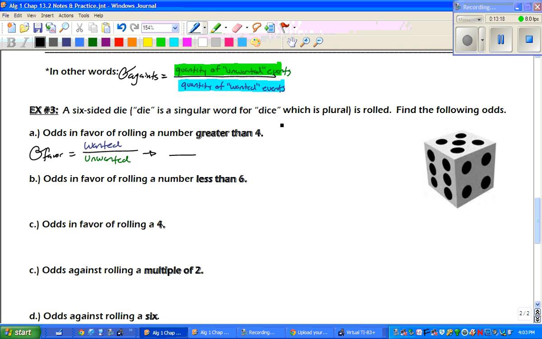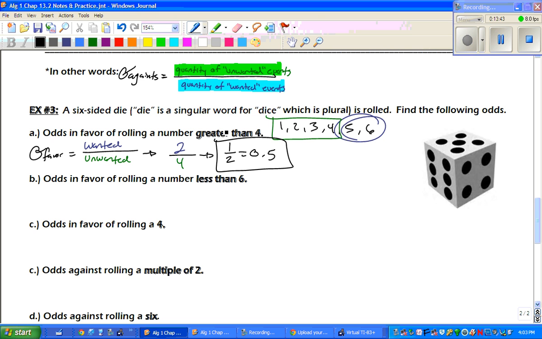A number greater than 4. So 1, 2, 3, 4, 5, 6. Okay, well the odds in favor is 2. And the odds against would be everything else, which is 4. And when we reduce that fraction, we get 1/2, and that equals 0.5.